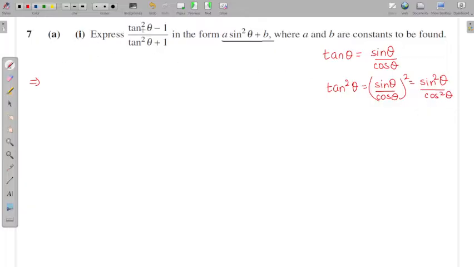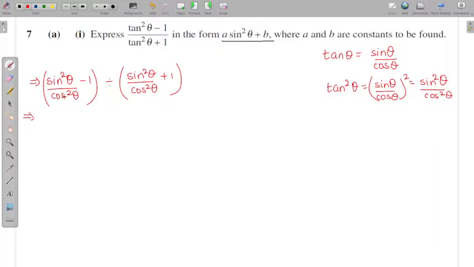So next, instead of writing tan squared theta, I'm going to write this. So sine squared theta by cos squared theta minus 1. This is the numerator, tan squared theta minus 1. So I'm going to do the same thing for this tan squared theta, divided by sine squared theta by cos squared theta plus 1.